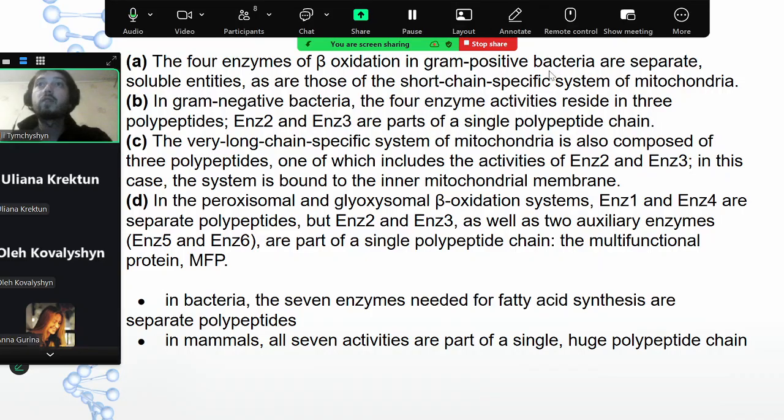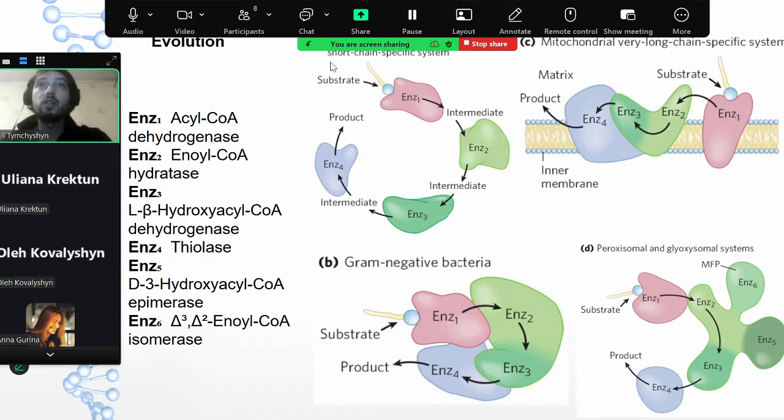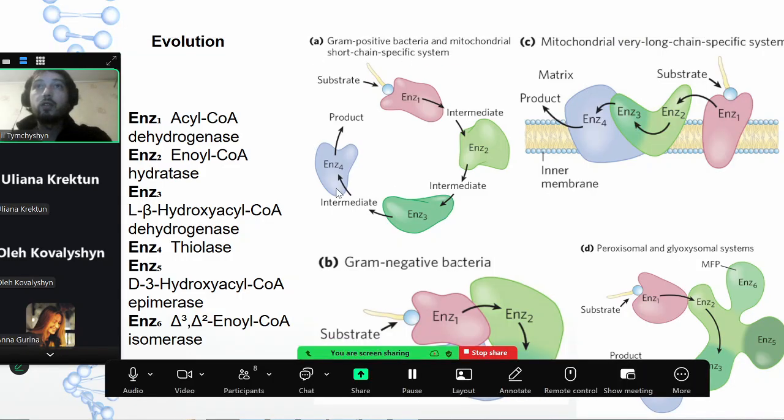For example, in gram-positive bacteria, they are separate soluble entities, and those are the short chain specific system of mitochondria. So here you see these 4 enzymes, and here you see the description. That's acyl-CoA dehydrogenase, enoyl-CoA hydratase, L-beta-hydroxyacyl-CoA dehydrogenase, and the thiolase.